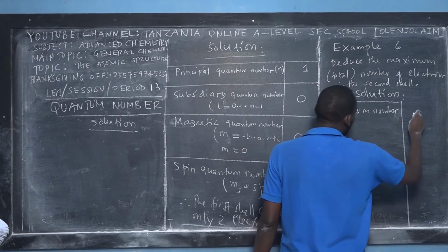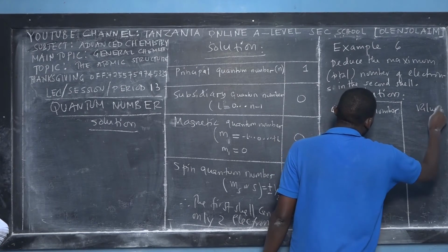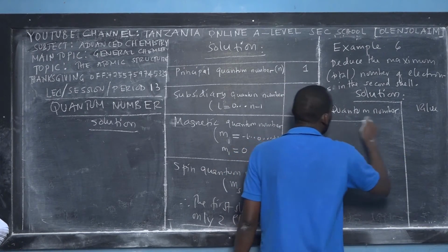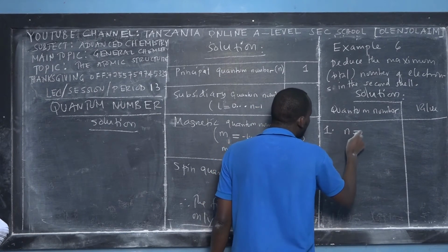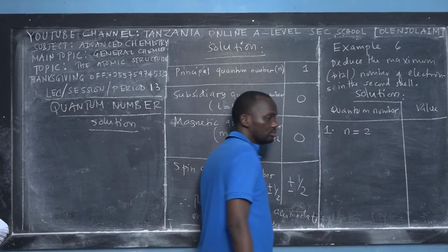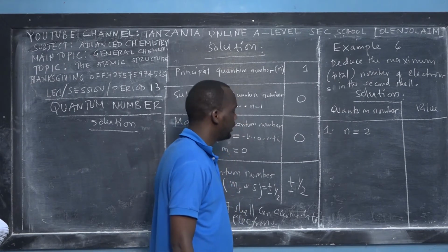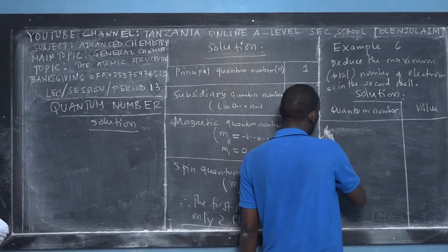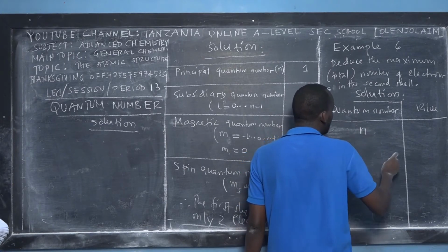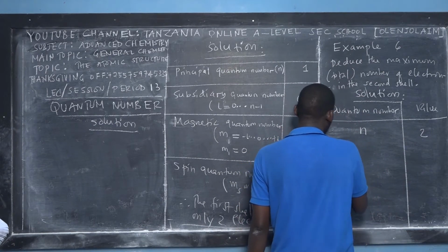You have to be careful. The first one is n. For the second shell, n is equal to 2.